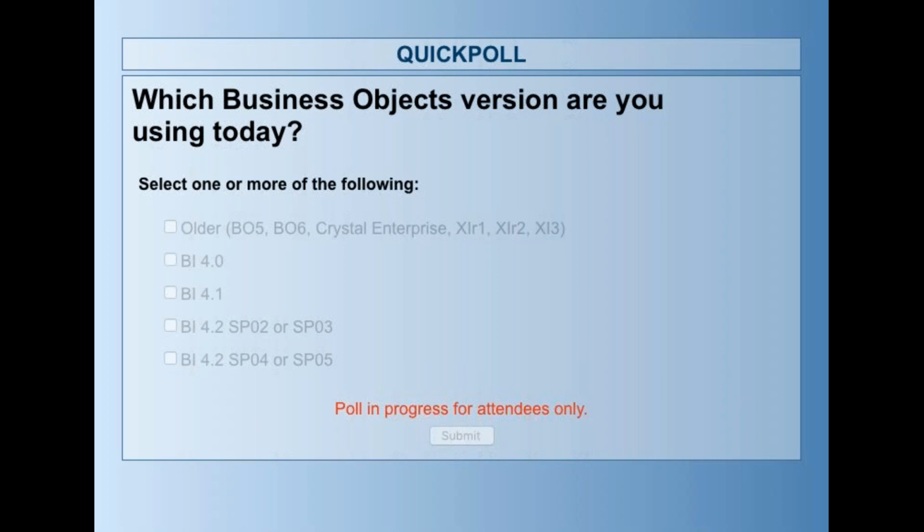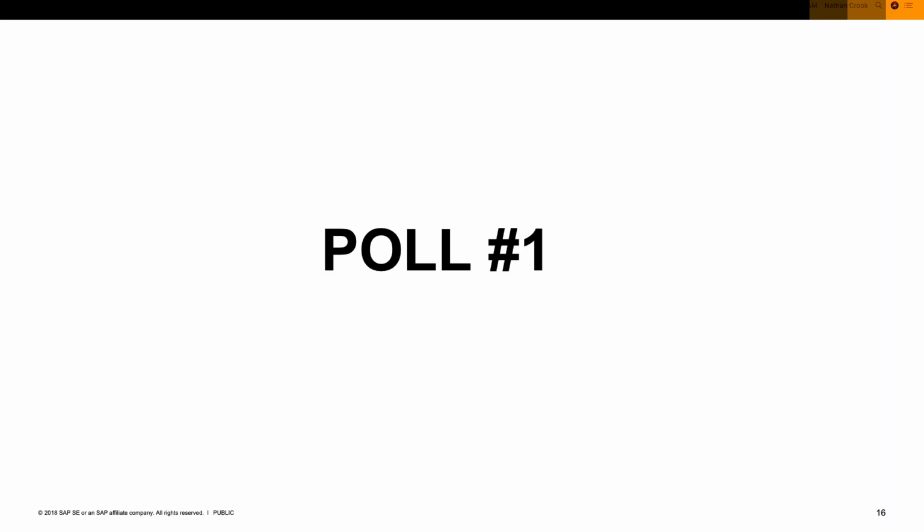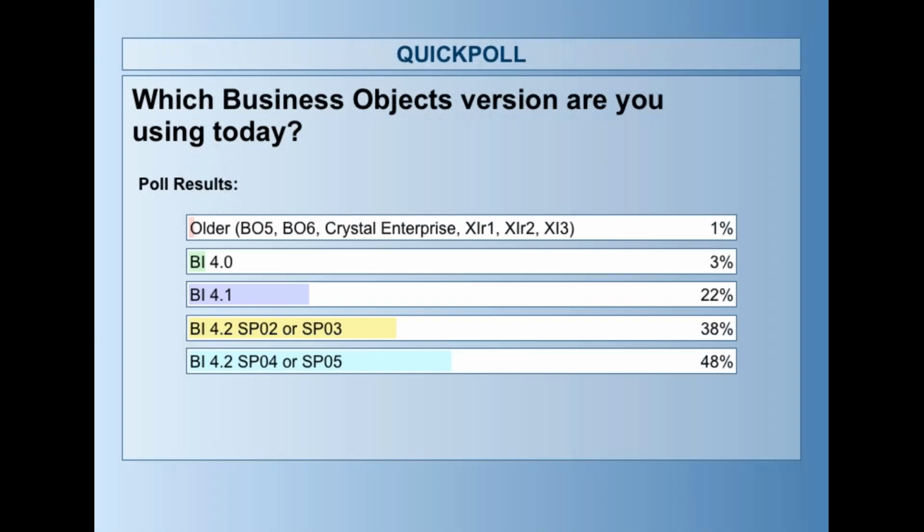It looks like we've got everybody here. We'll close this one out and share the responses. So we've got maybe one or two people still on XI3 and older, but the majority of you have moved up to SP4, SP5, though some of you are still lingering on 4.1 as well. There'll be a couple more polls after this one.